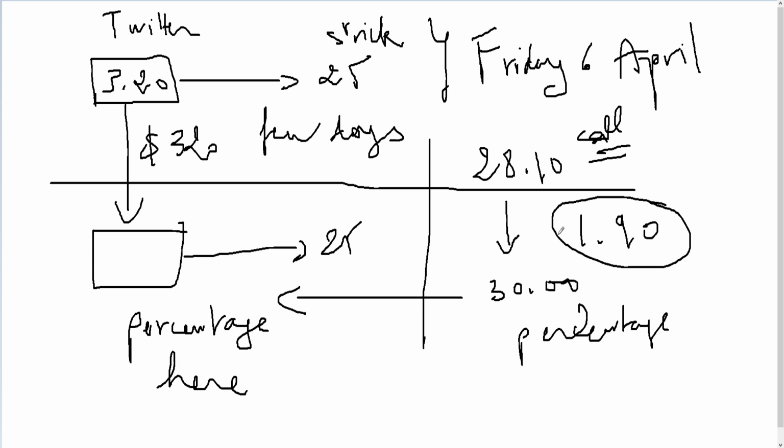Try to see if your price of the contract is becoming, let's say, 1.90 higher. So it could be 3, 4, 5. So try to check if you get this money here and it becomes $5.10.